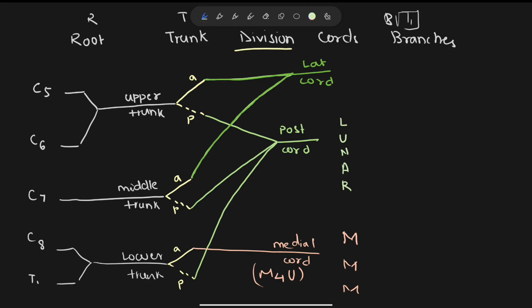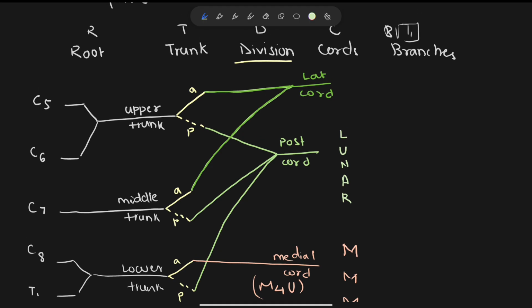There will be 5 branches in posterior cord: L, U, N, A, R. And in the lateral cord, what do we have? There will be L, M, L. So let's name them.